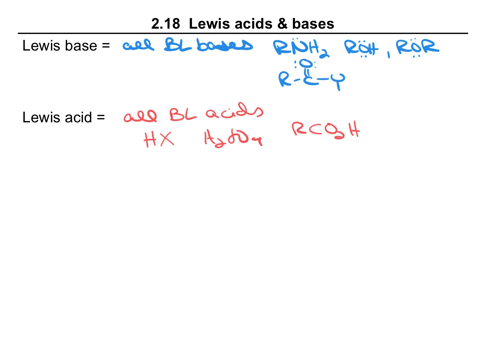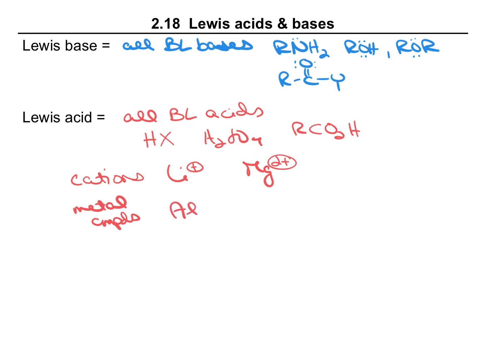So for example, we can have some cations such as lithium or magnesium. These are commonly used as Lewis acids. And there are some metal compounds such as aluminum trichloride, titanium tetrachloride, and iron trichloride. So these are important Lewis acids that are not Bronsted-Lowry acids.